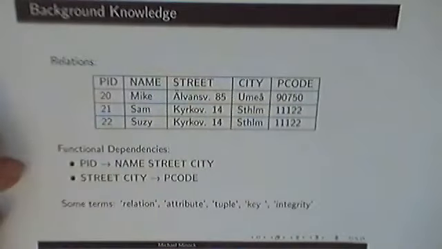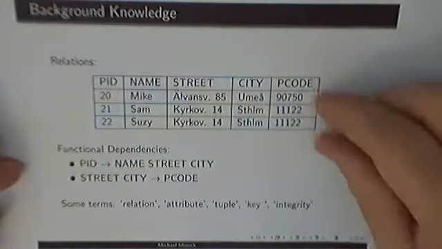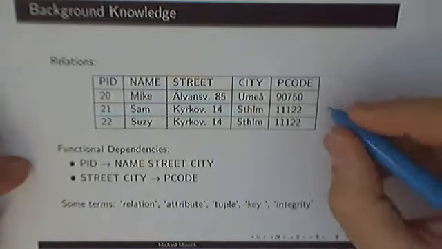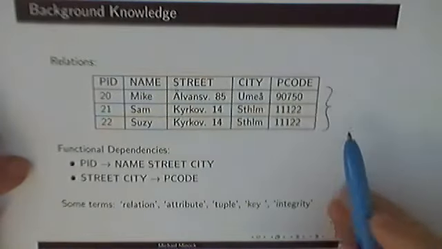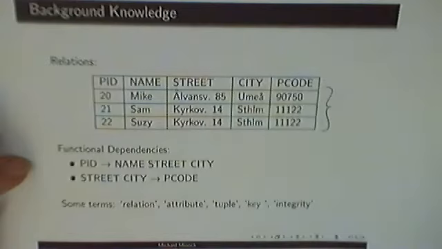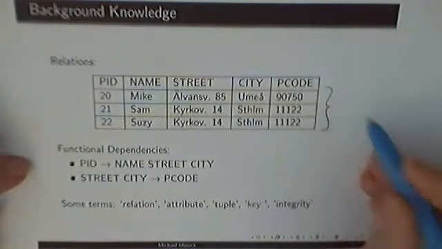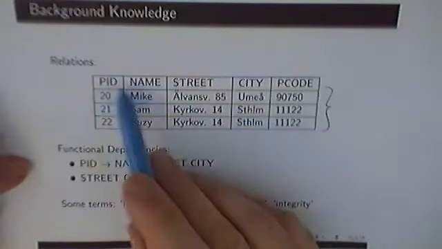In this case we have a person ID, a name, a street, a city, and a postal code. And then we have a database instance. This right here is the database instance. This is one of potentially infinite numbers of different database states, or database instances, of this particular relation.